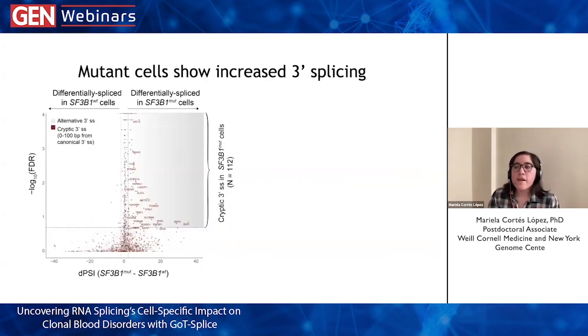Moreover, we can now go and look into the different alternative splicing events because we have a better capture of many of those genes. And we were able to recapitulate the phenotype that has been described in SF3B1 mutants. So here we see that SF3B1 mutant cells tend to have a lot of cryptic 3' splice sites.